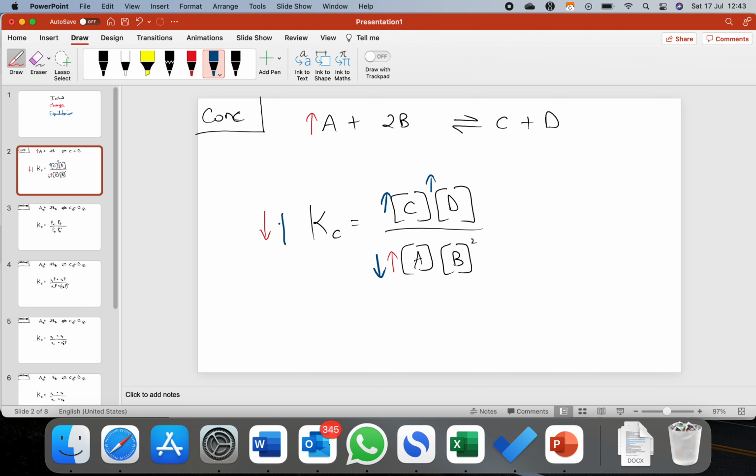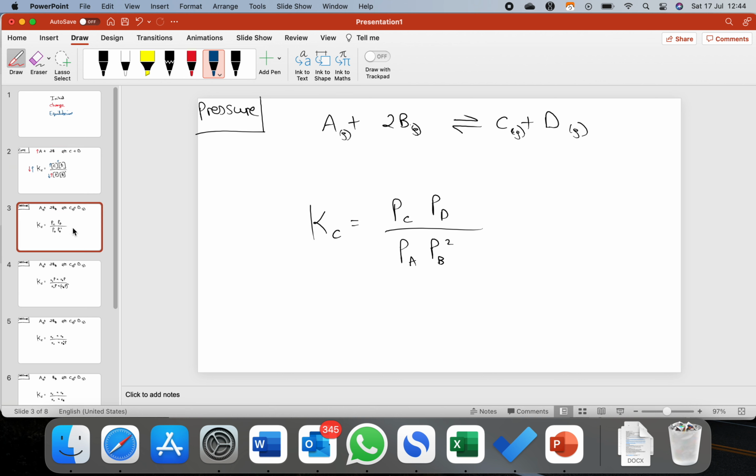So the overall Kc value increases at the new equilibrium. Hopefully you can see that if there's a change in concentration, the system works itself in such a way to return to the old Kc value.